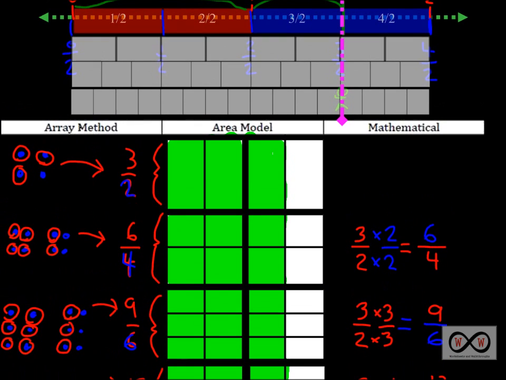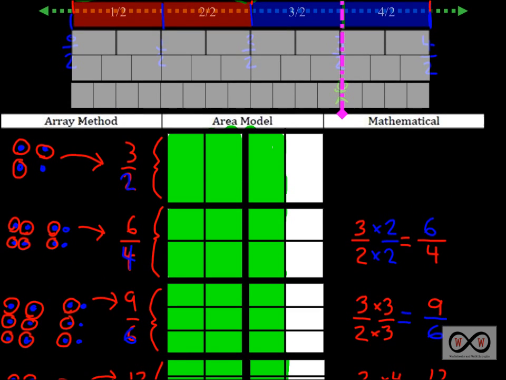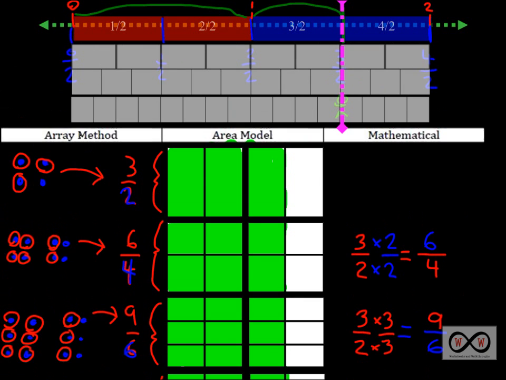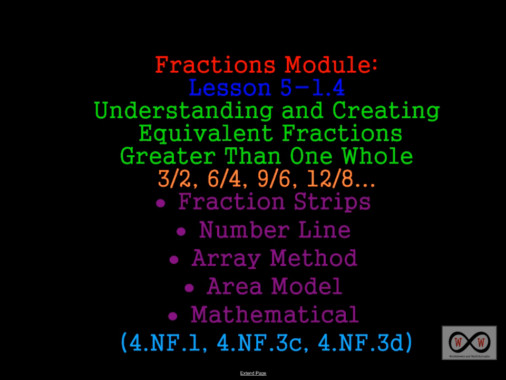So we've got 3/2, 6 fourths, 9/6, and 12/8. They all line up there. You can see they're equivalent. We could see our equivalence linearly as well. So that was a quick look at understanding and creating equivalent fractions that are greater than 1 whole.